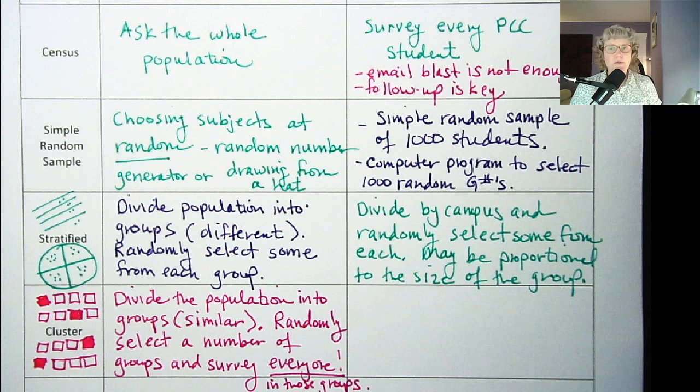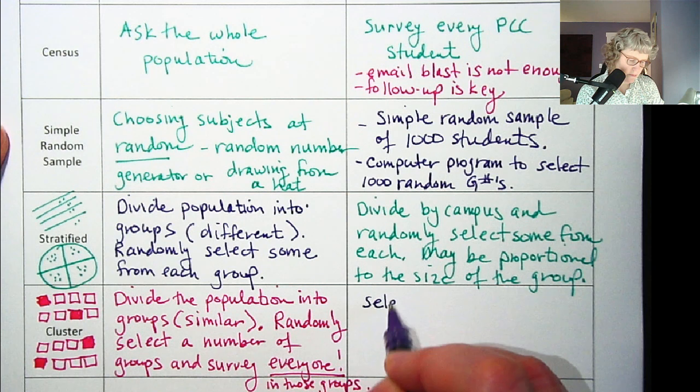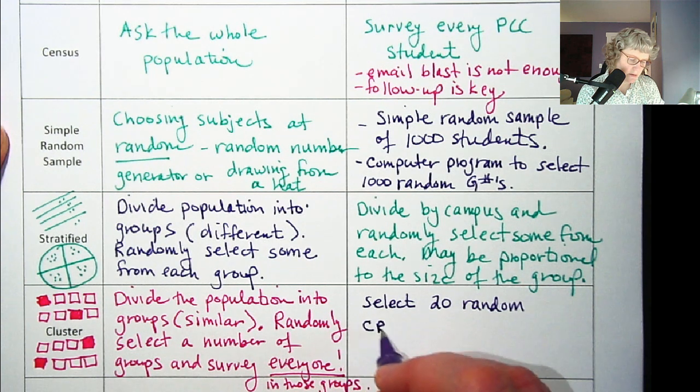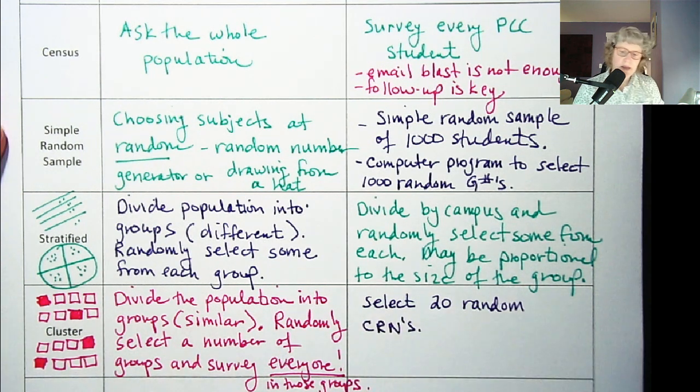A good example of this is CRNs, or a class. So let's say we want to select 20 random CRNs. And then we can give the instructor all the surveys and have them give the survey to their whole class.